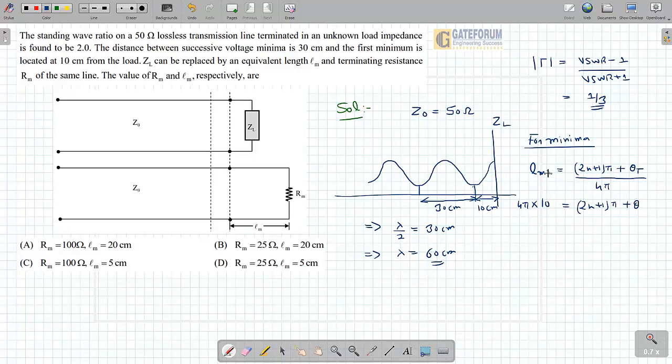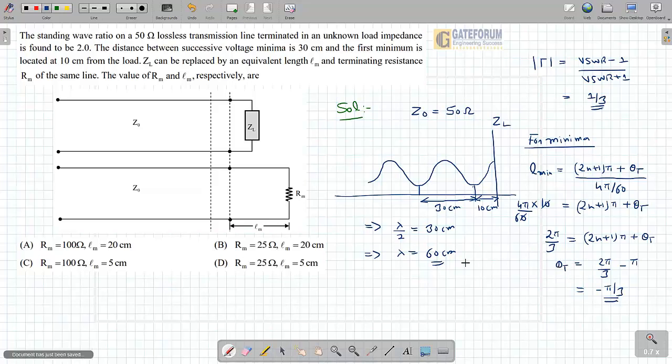Beta is 2 pi by lambda, that is 2 pi by 60 centimeters. So this will become 2 pi by 3 is equal to (2n plus 1) pi plus theta. So for the first minima, I can put n equal to 0, and if I put n equal to 0, I will get theta gamma equal to 2 pi by 3 minus pi, that is equal to minus pi by 3.